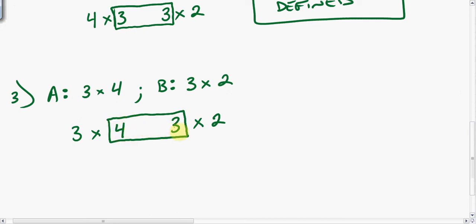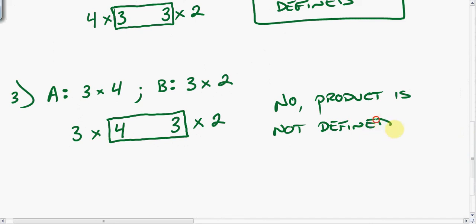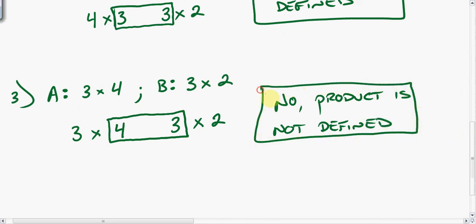These two are different, so our answer is no. The product is not defined. If we were asked to multiply 2 matrices with these dimensions, we would not be able to, so we would have to stop. Just say the product's not defined, can't go any further. Okay, so that's how you state if a product of 2 matrices is defined.